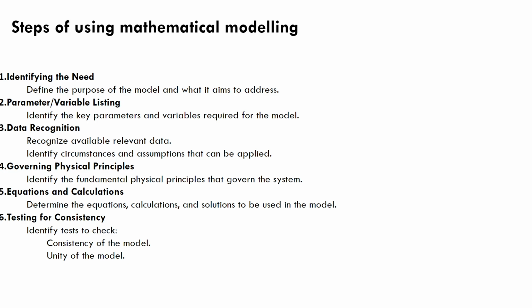So it is very important to identify which parameters are key, which variables are key, which are required for the model and which are not required. You can think of this as a pre-processing step before you actually build the model, where you identify the important parameters and the important variables.